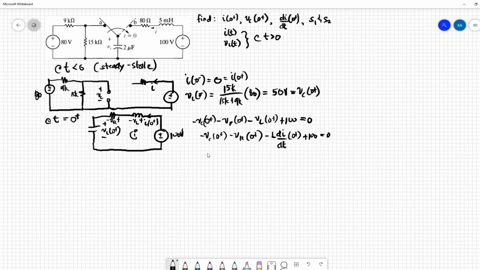So solving for di dt of 0 plus, we have a value of 10,000 amperes per second.